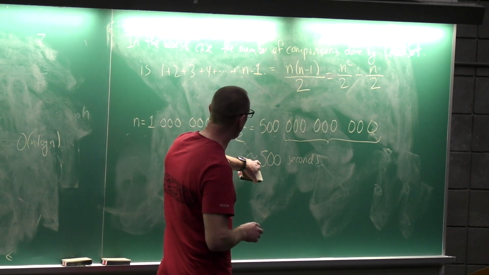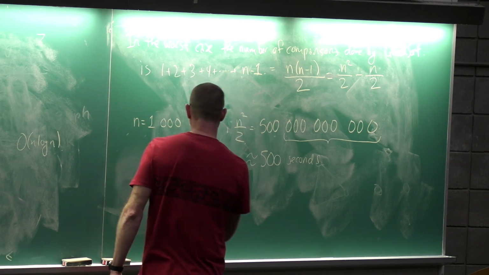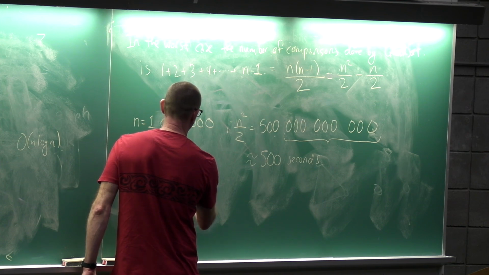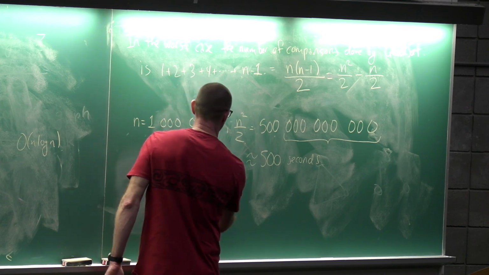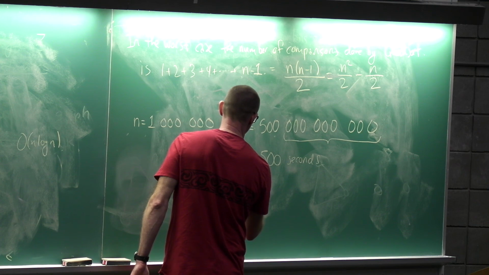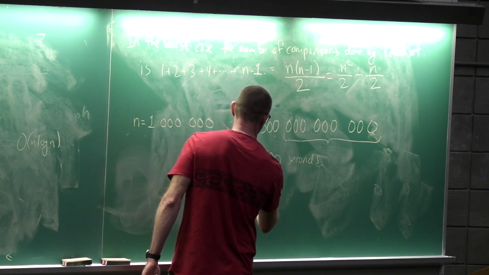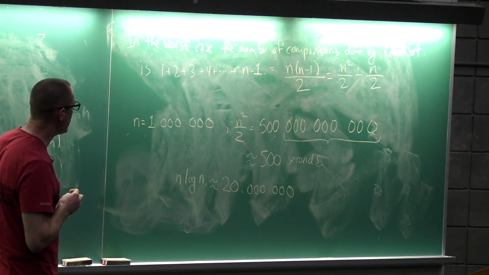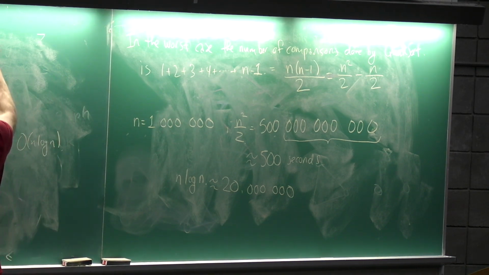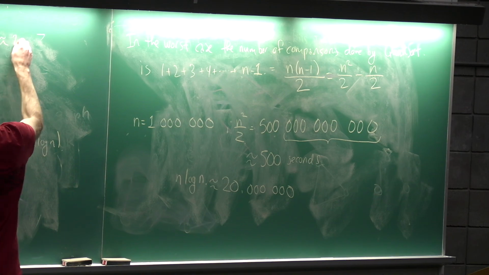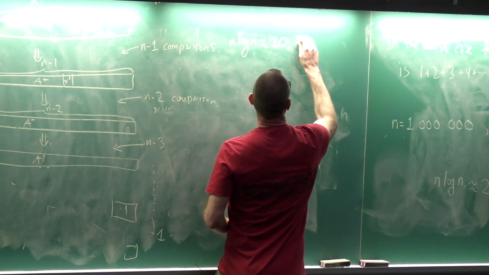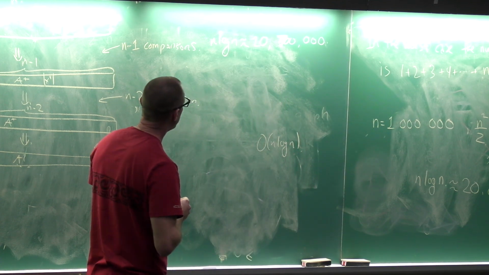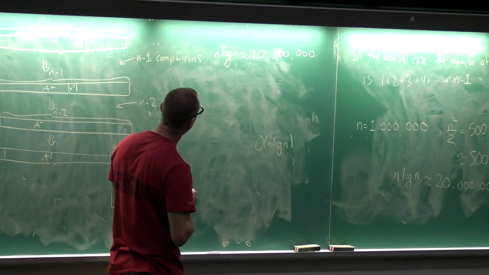If n squared over 2 is about 500 billion, because n is a million, n log n is about 20 million.